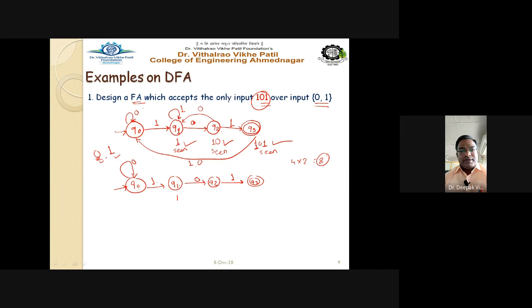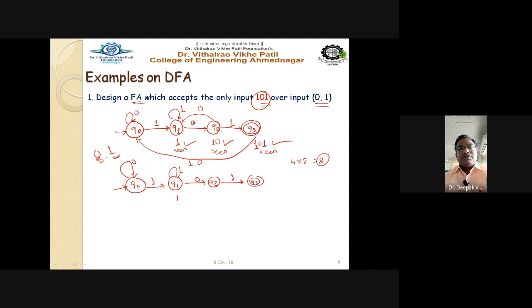Now come to Q1. Q1 on 0 is already completed. Now only 1 is remaining. So where to mark Q1 on 1? It is marked here as a self loop, and this self loop is not going to disturb your string.